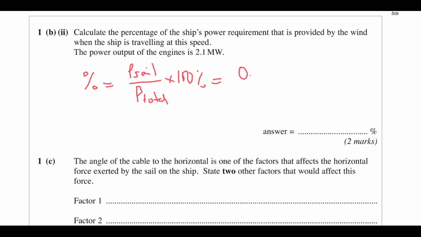So we've got 0.911 divided by 2.1 plus 0.91, that's the total power put in, times 100%. And then once we do that, we get a figure, when we round it to two significant figures, of 30%. The mistake a lot of people make is they just put 2.1 on the bottom line. Remember, we have to put percentage of the total power, not just the power from the engines.